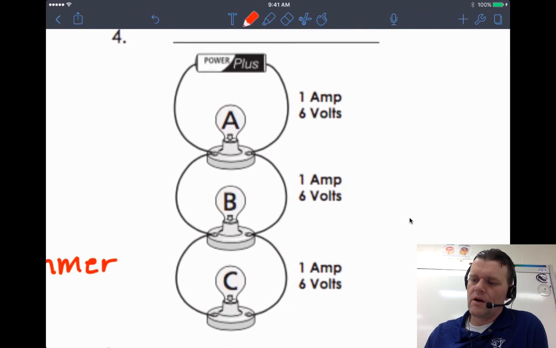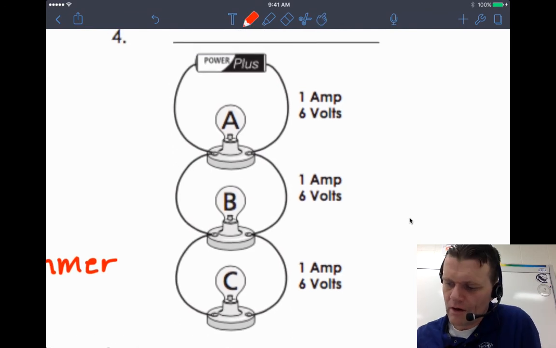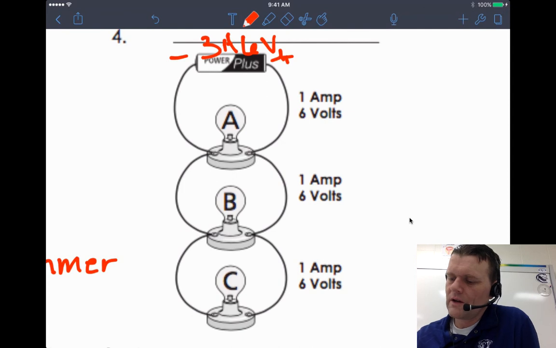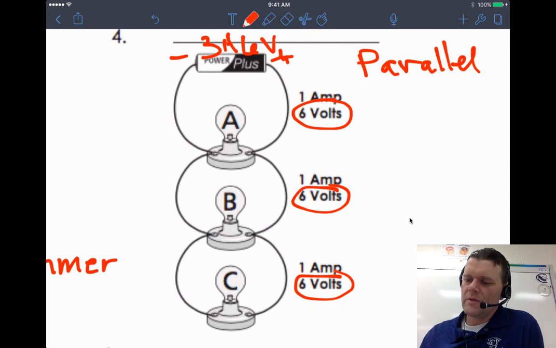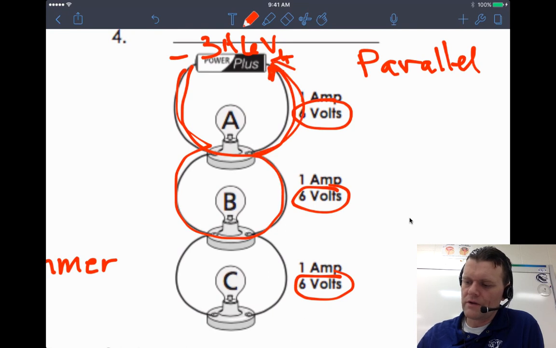Looks like it's a little more complex, but the same pattern occurs. We have 3 amps and 6 volts, and there's negative and positive. But this is another parallel circuit, and what's really clever here is, look at this, each light bulb still gets 6 volts, even though there are 3 of them, because each one has its own pathway to and from the negative to the positive terminal.